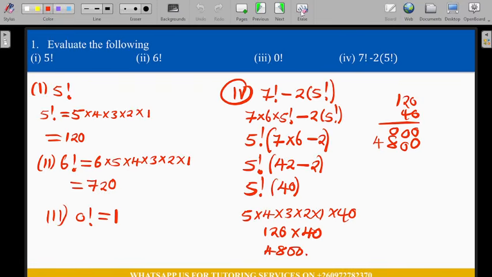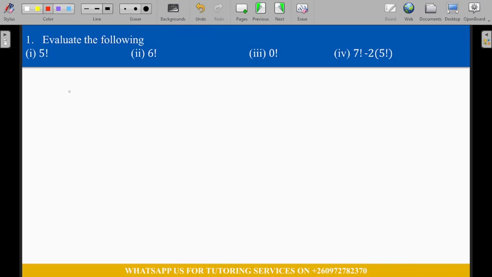Before we move to the next one, I'll just add a bonus. Let's say the question says we have to evaluate 5 factorial minus 4 factorial. To evaluate this, you can't say 5 minus 4 to get 1 factorial. It's wrong. What you do is you evaluate 5 factorial first.